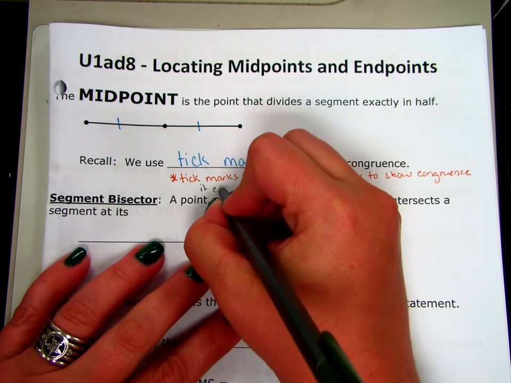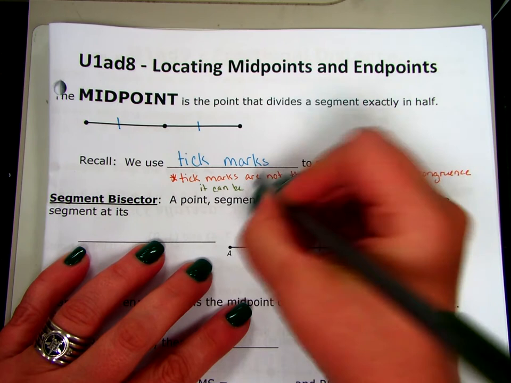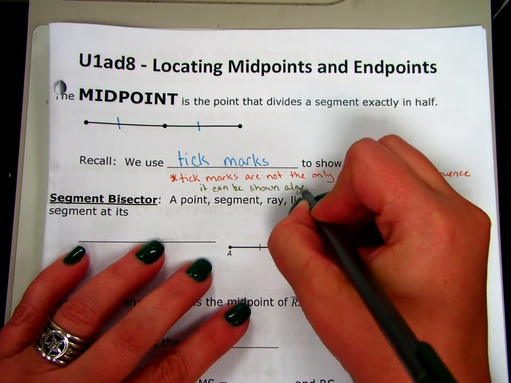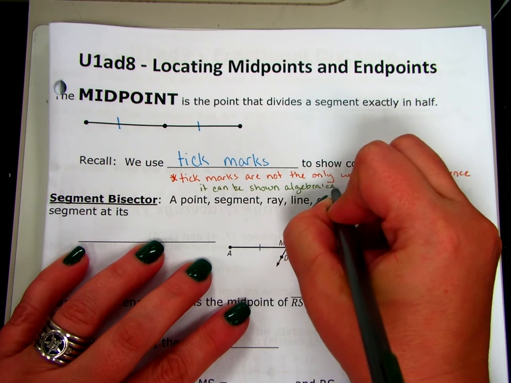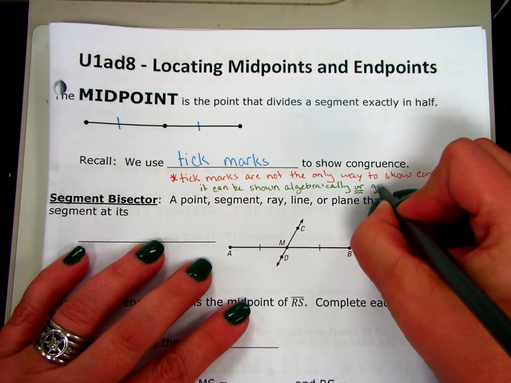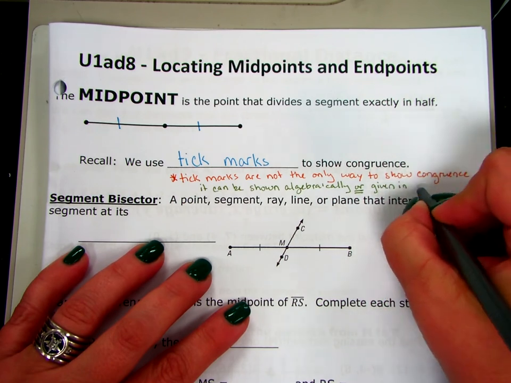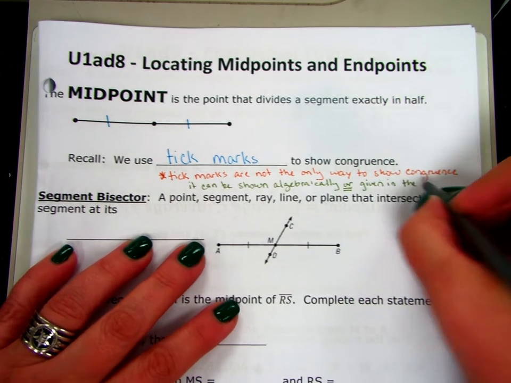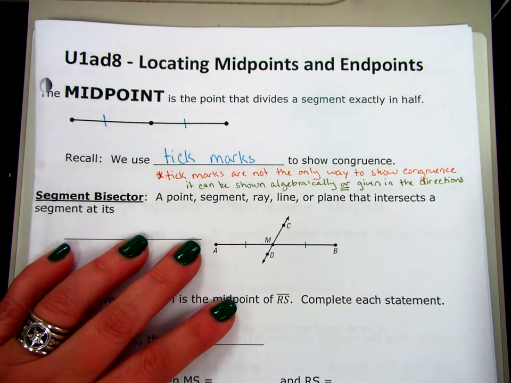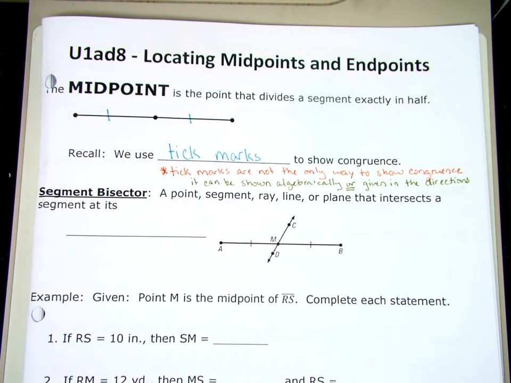It can be shown algebraically or given in the direction. So when you get a worksheet or a review packet or the test or a quiz, is it going to be important to read directions?